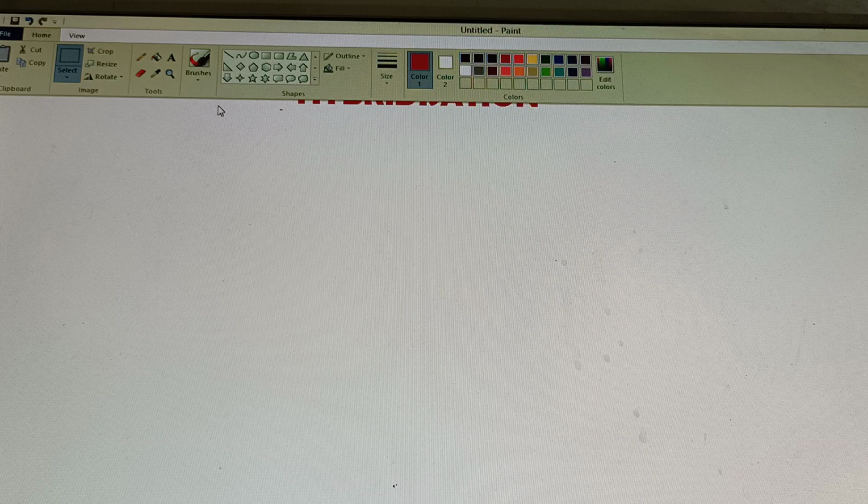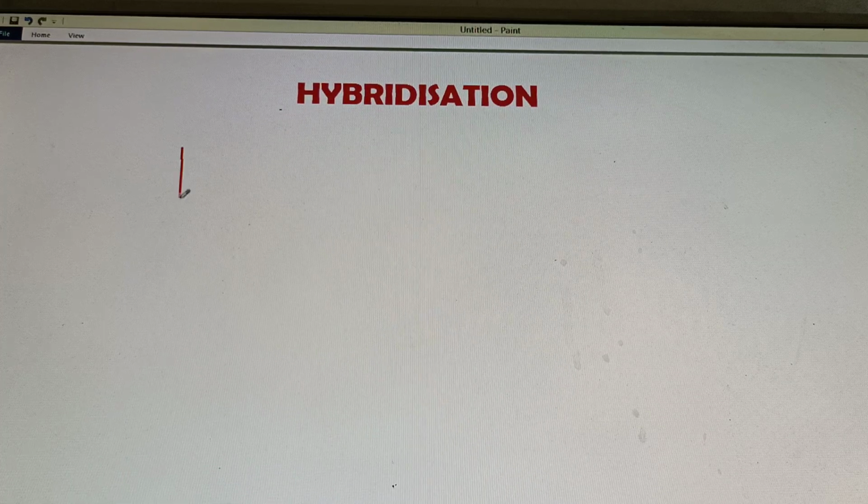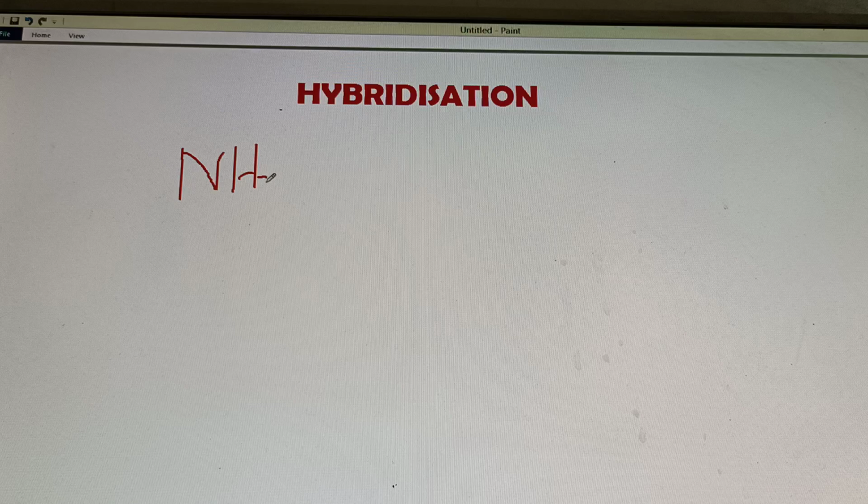We will discuss the s character and p character after discussing the ammonia molecule. In the ammonia molecule you can see the central atom is nitrogen.